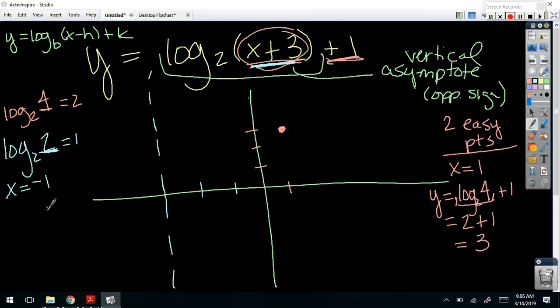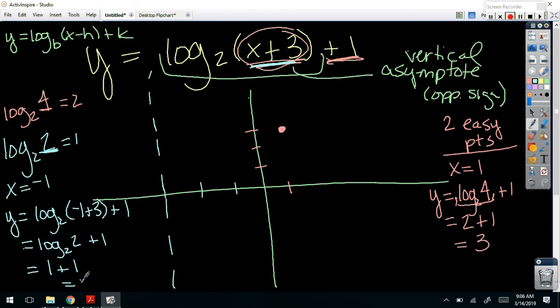So if x equals -1, then y equals log base 2. I'll plug it in so you can see. So log base 2 of 2. And we said log base 2 of 2 is what?